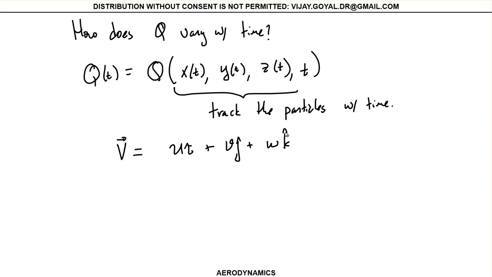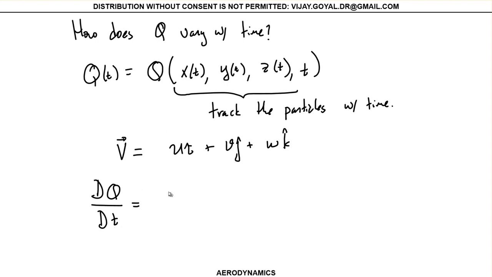So what I want to know is my big Q, the total derivative with respect to t. Now you know that this is all a function of x, but x is a function of time. If I'm taking this with respect to time, remember we have to use the chain rule.